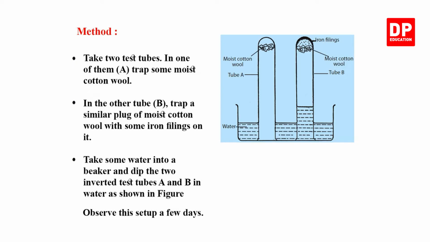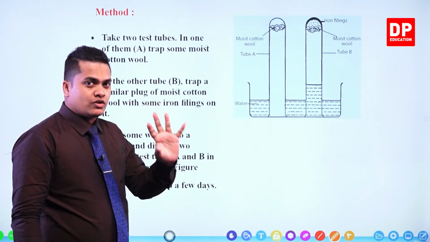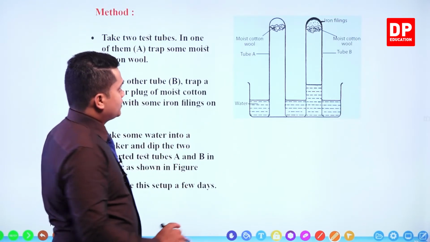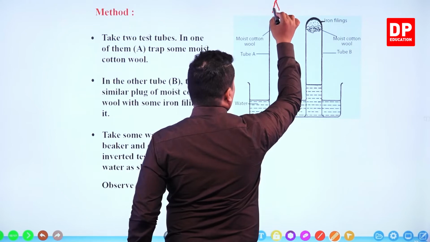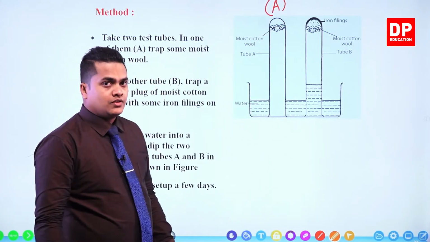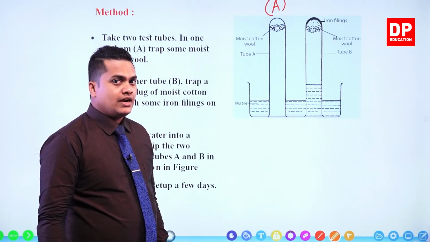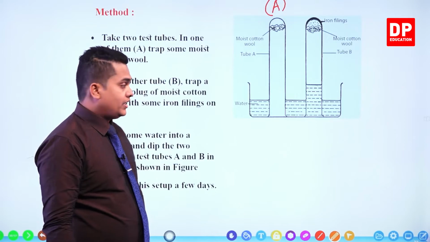So the method: take two test tubes. In one of them, A, trap some moist cotton wool, right? We have to trap some amount of moist cotton wool, that's it. So this is A, that contains only moist cotton wool, tube A. It's been named, but to see it more clearly, I have marked it very well. Right.